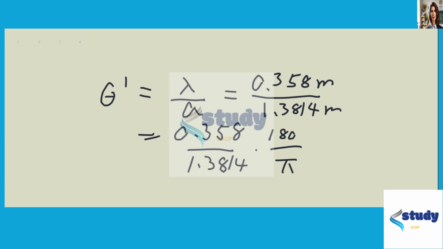Let's quickly calculate that. It's 0.358 times 180 divided by pi, divided by 1.3814.